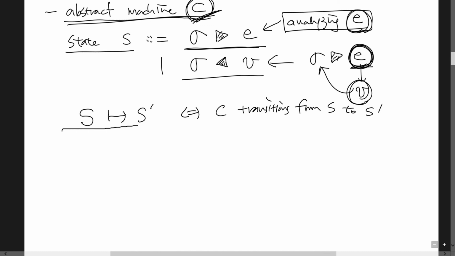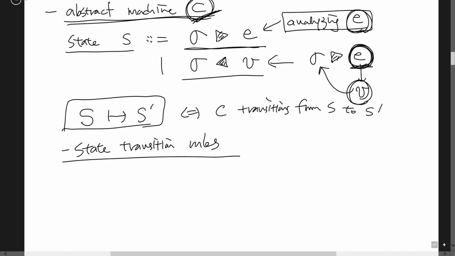So this is a new judgment, and now the remaining job is to figure out the inference rules for this state transition judgment or these state transition rules. So let's develop these state transition rules, assuming call by value. Let's assume call by value.